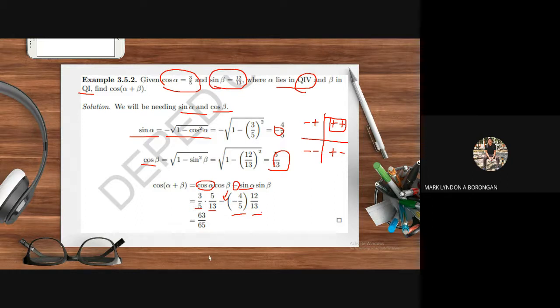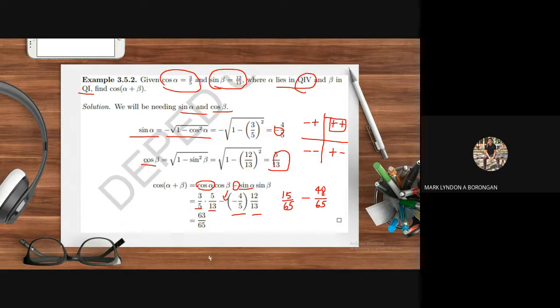After that, it is simple multiplication. 5 times 13 is 65. The first term, 3 times 5, is 15, over 65. Then minus, over 65 again, we multiply 4 times 12, which is 48.